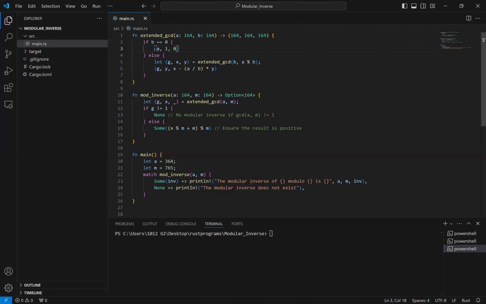So the GCD will be A. That is what this is saying. Saying if B equals 0, then GCD is A. And if you're writing GCD in terms of A and B, where B is 0, then X is 1 and Y is 0.